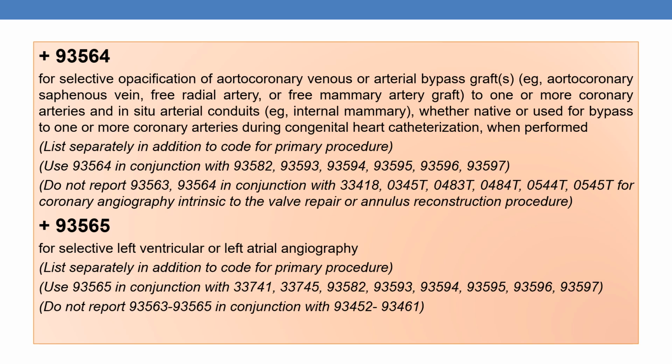The next is also an add-on code, plus 93564, for selective opacification of aortocoronary venous or arterial bypass grafts, for example aortocoronary saphenous vein, free radial artery, free mammary artery graft to one or more coronary arteries, and in situ arterial conduits, for example internal mammary, whether native or used for bypass to one or more coronary arteries during congenital heart catheterization when performed.